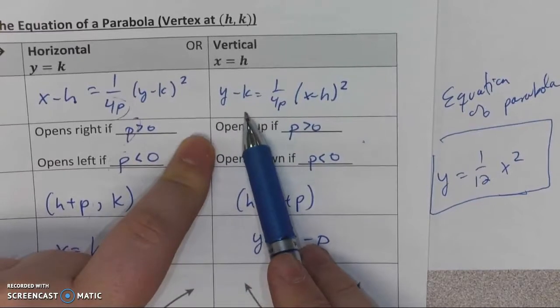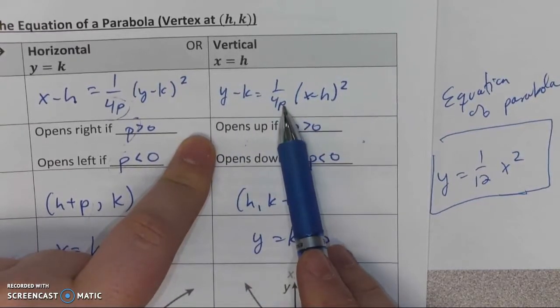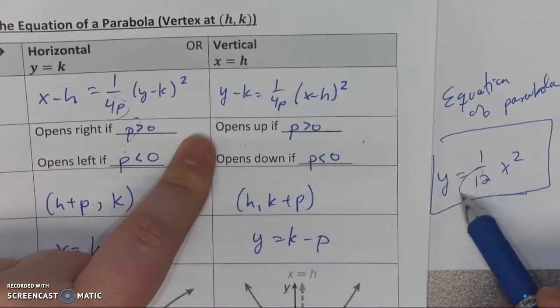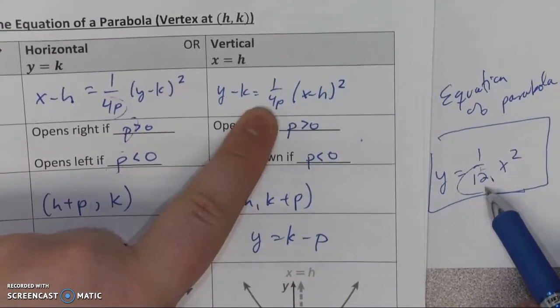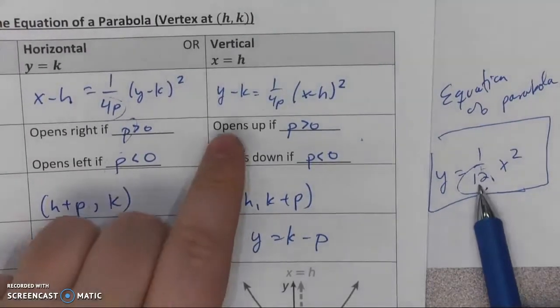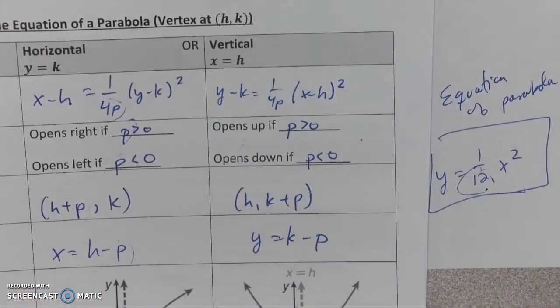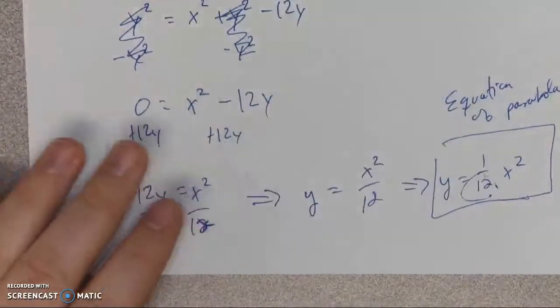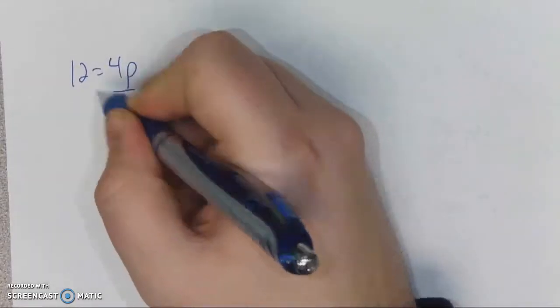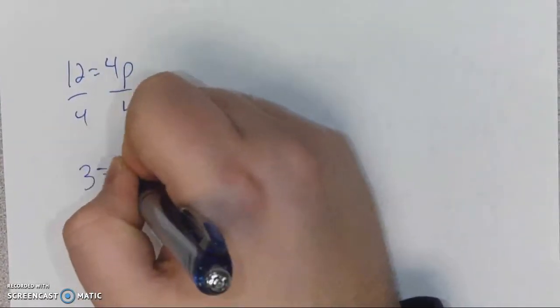So y minus k equals 1 over 4p times x minus h squared. I'm going to set my 12 equal to 4p, and I'll use that to solve for p. So 12 equals 4p. Divide both sides by 4, and I get 3 is p.